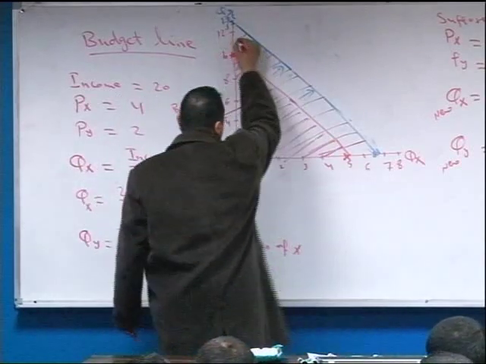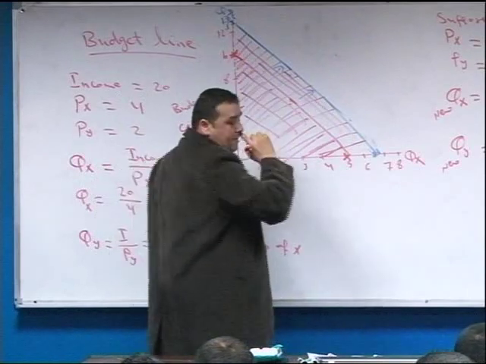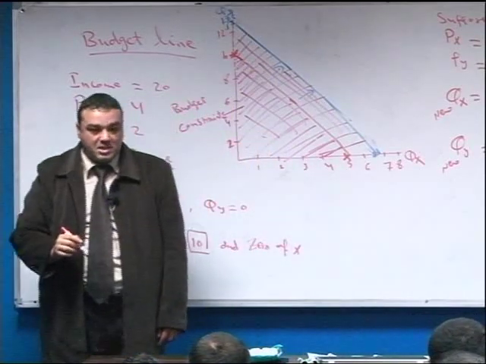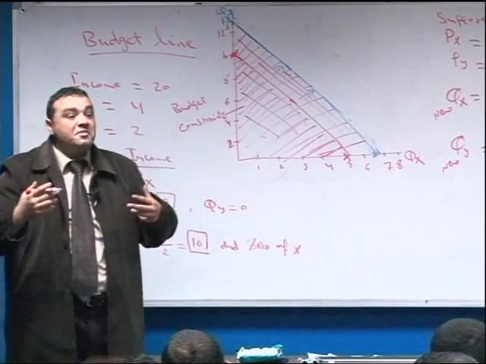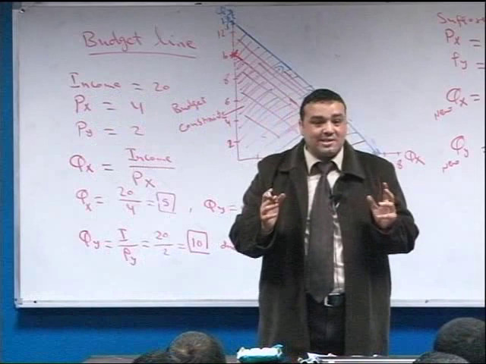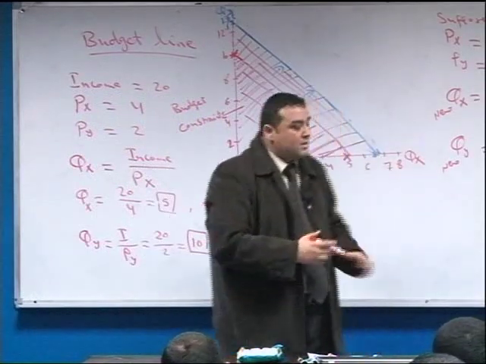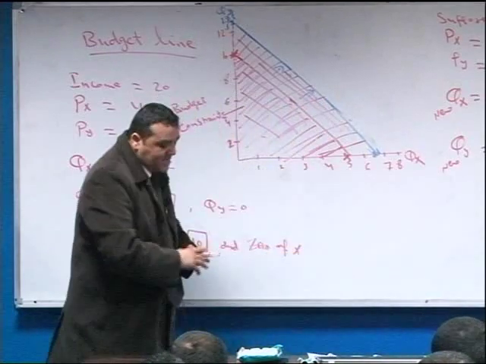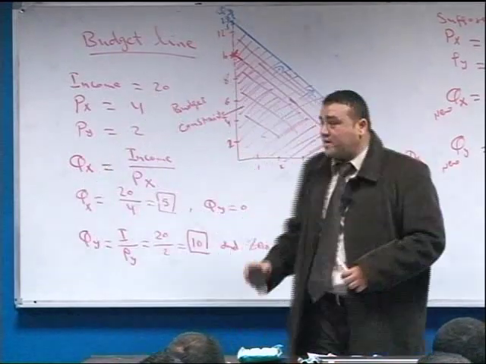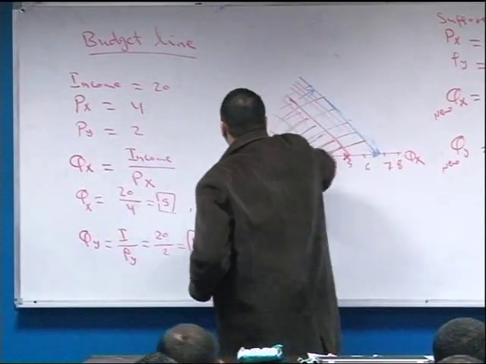So in this case, the budget constraint increased, or the ability of the consumer to buy different goods increased as a result of the increase of his income, right?